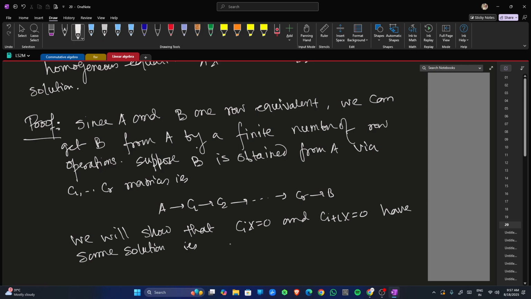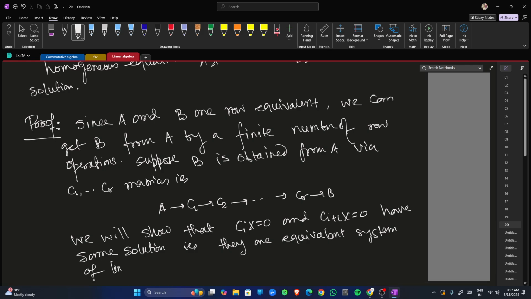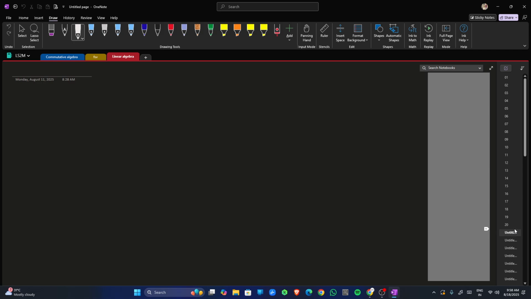That is, they are equivalent systems of linear equations.